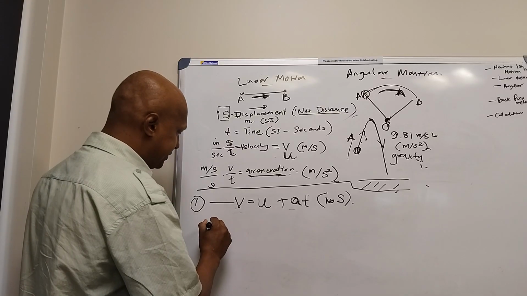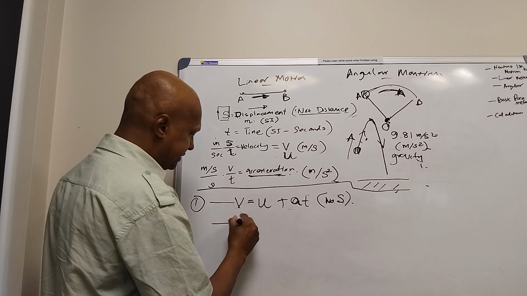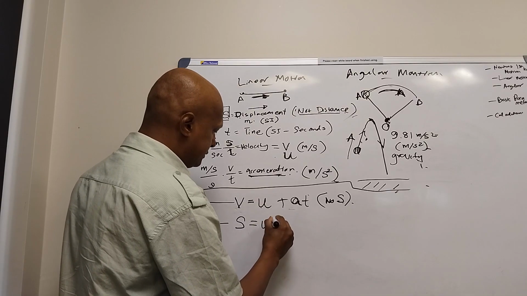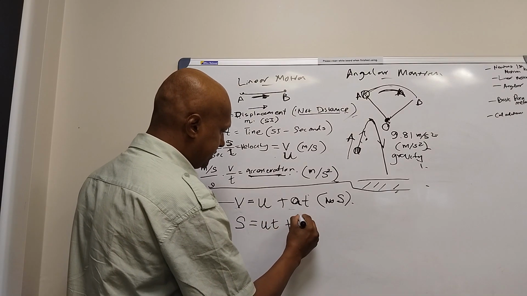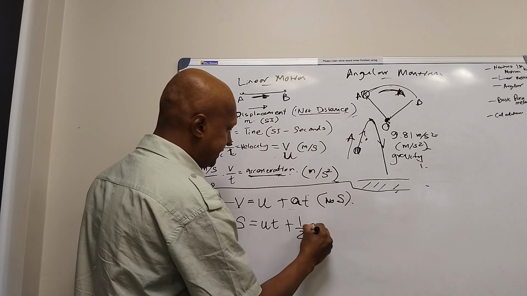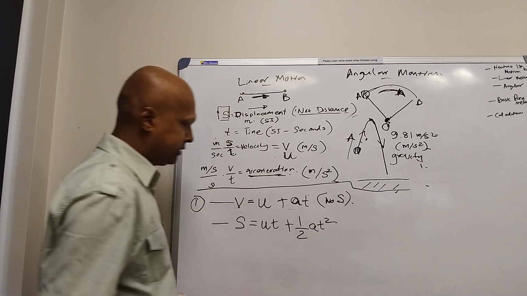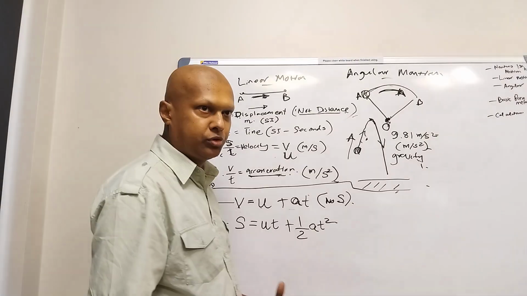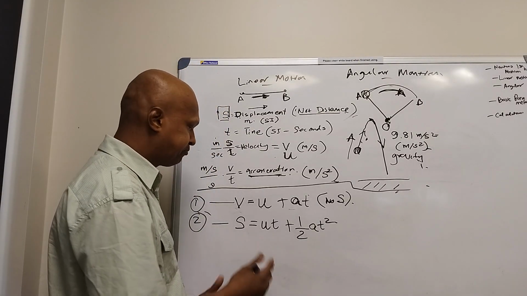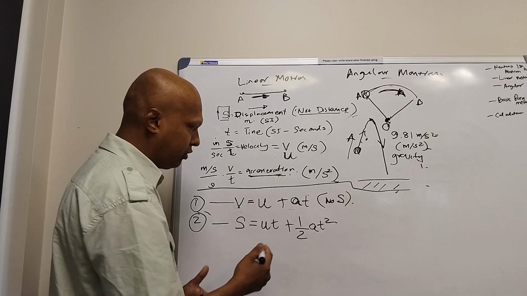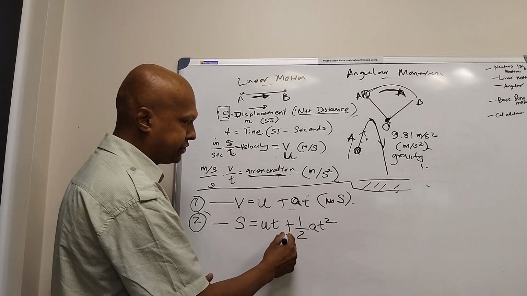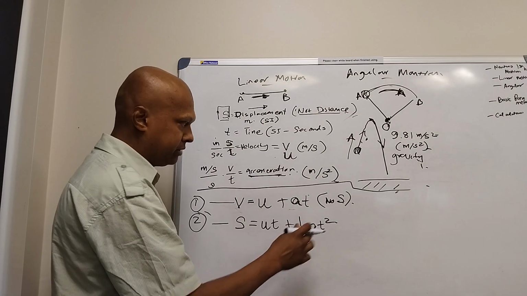Now the second equation is S equals UT plus half AT squared. That's the second equation we use. If we know some of the parameters, then we can use this equation to find any of the other parameters.